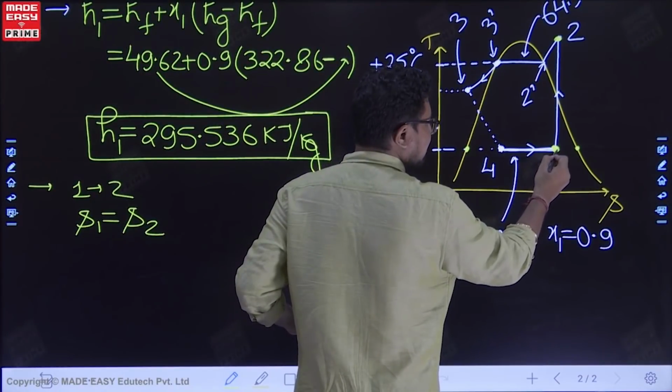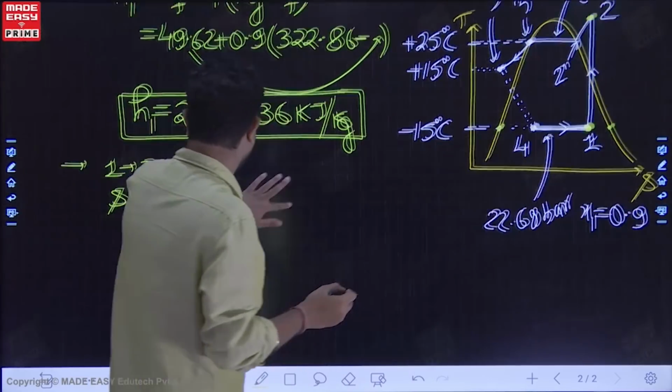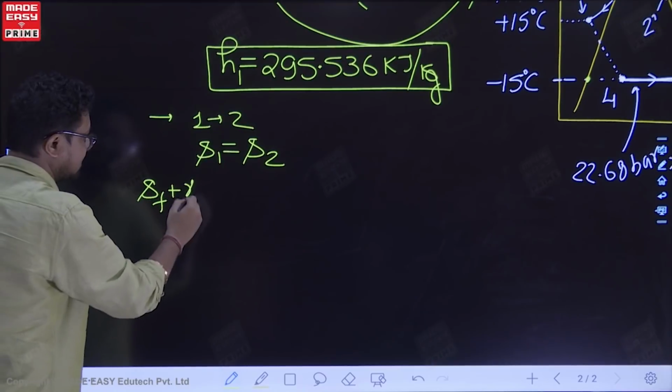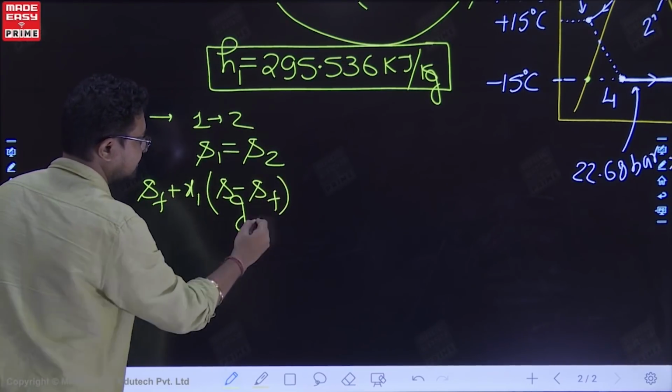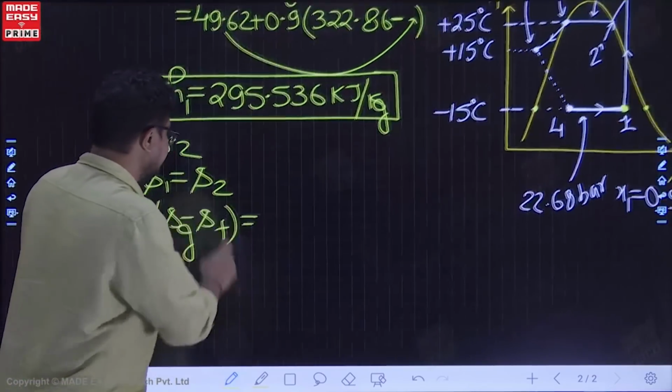How to find S1? It is in the wet region, so we can write SF plus X1 into Sg minus SF. This is the formula for the wet region, equal to S2.